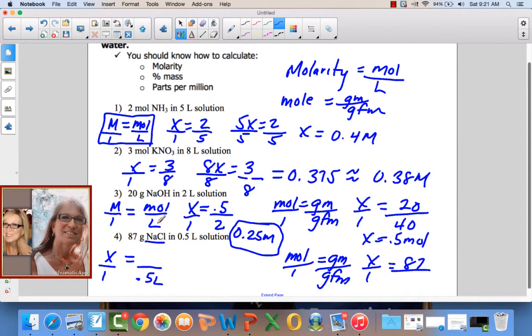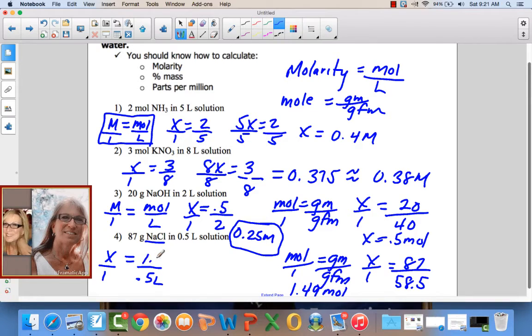We know that Na is 23, and Cl is 35.5. So that's going to give me 58.5. So 87 divided by that is going to give me 1.49. So I've got 1.49 moles.